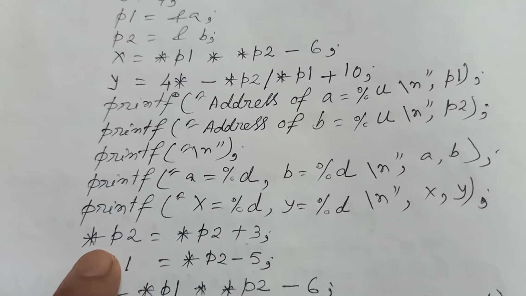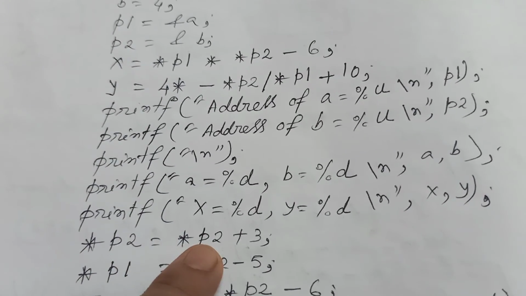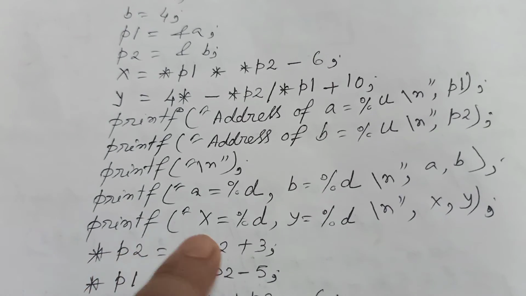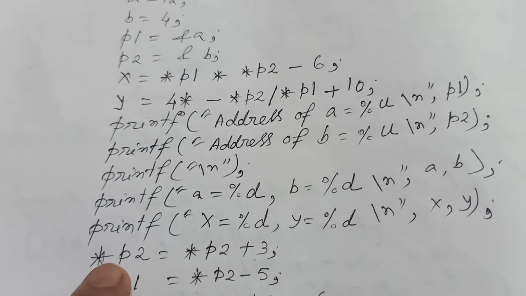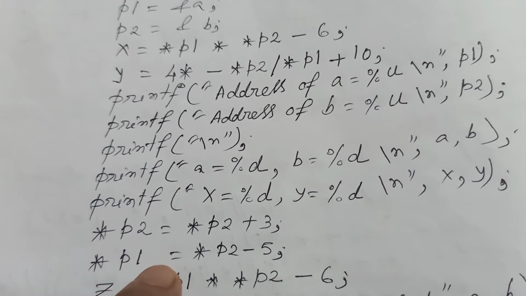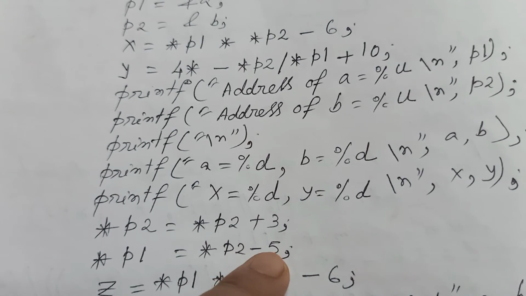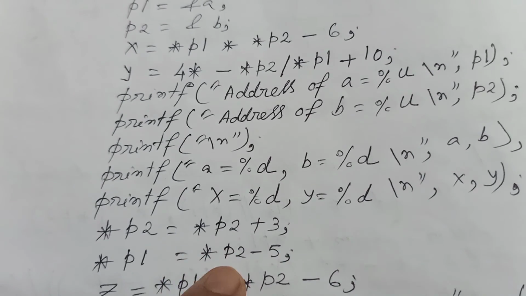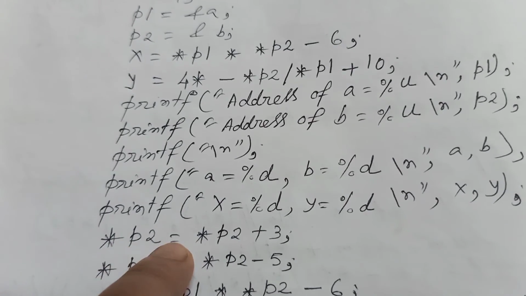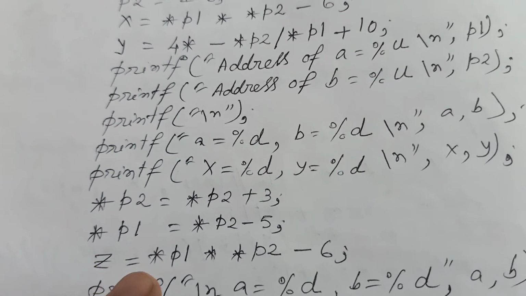Now again, p2 equal to p2 plus 3. So we are getting the new value of pointer p2 through a and b. Now p1 equal to p2 minus 5. So here p2 is getting the current value of p2.